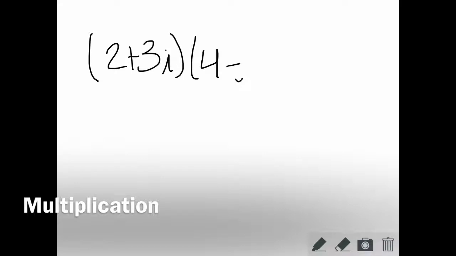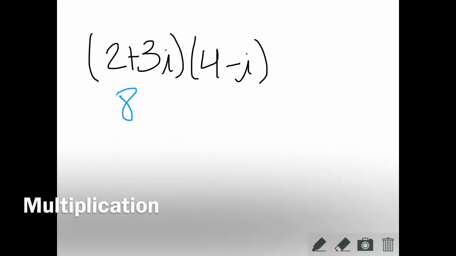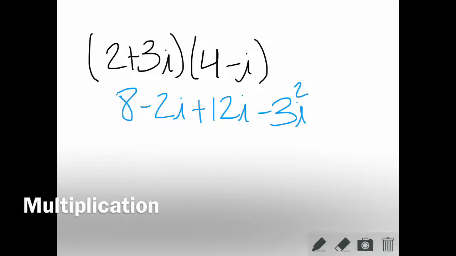Now on to multiplication. This problem consists of (2 + 3i) times (4 - i). Now first you want to do FOIL, which is 2 times 4, which is 8, and then 2 times -i, which is -2i, then 3i times 4, which is 12i, and then 3i times -i, which is -3i squared.